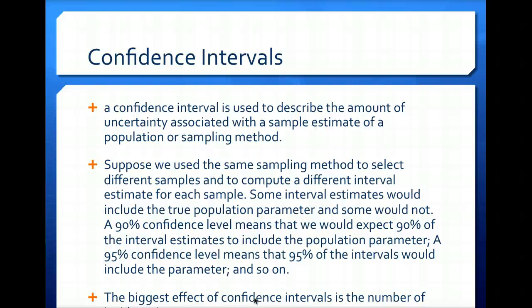A 90% confidence level, or it could be 95%, means that we would expect 90% of the interval estimates to include the population parameter. So somewhere in that 90% or 95% lies our true answer. Now, the biggest effect on confidence intervals is the number of incidents or occurrences.